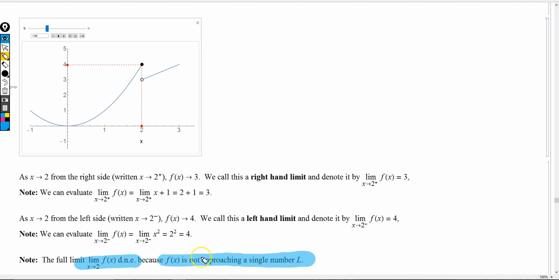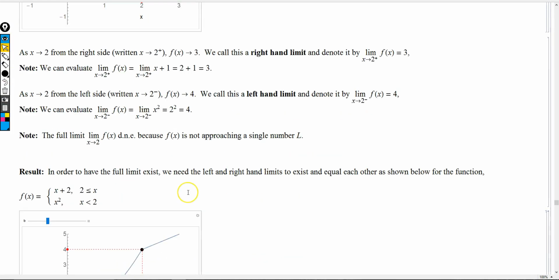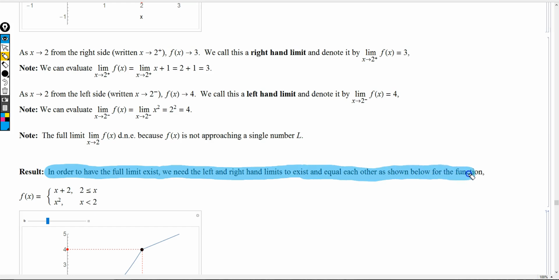In this case, f is approaching 2 different numbers, 3 and 4, and so we have to say the full limit does not exist. So we have this result now. In order for the full limit to exist, we need the left and right hand limits to exist, and they must be equal to each other.